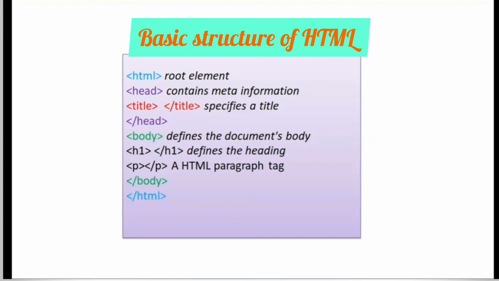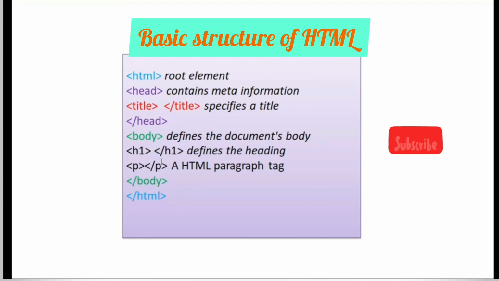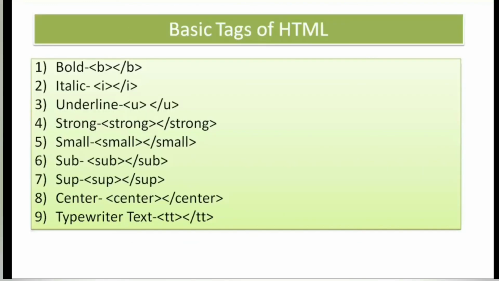Inside that, you will write all the basic elements of HTML, that is the h1 tag, p tag. We will see all these basic elements of HTML. Then you will close your body tag and then you will close your HTML tag. So this is the basic structure of HTML. Now quickly let's see the basic tags of HTML.